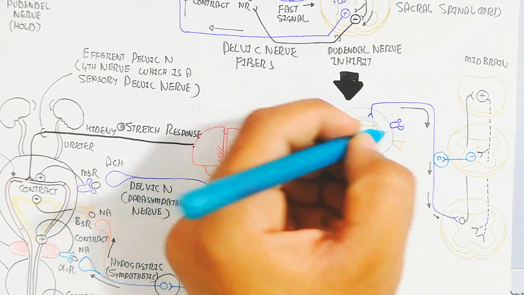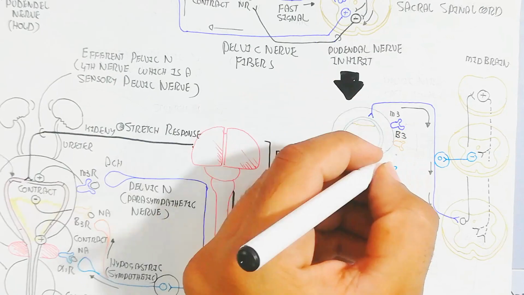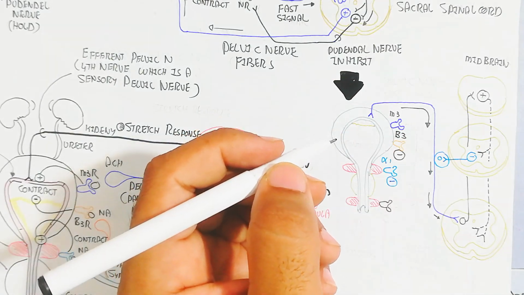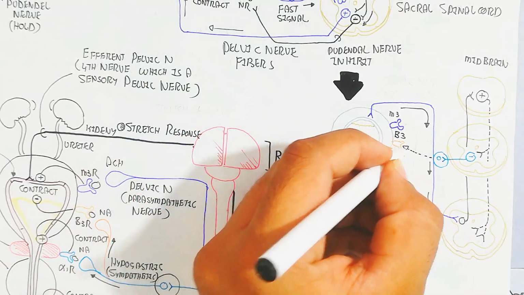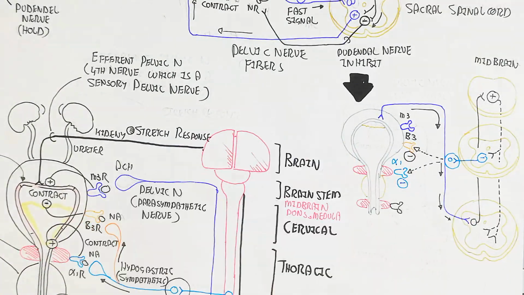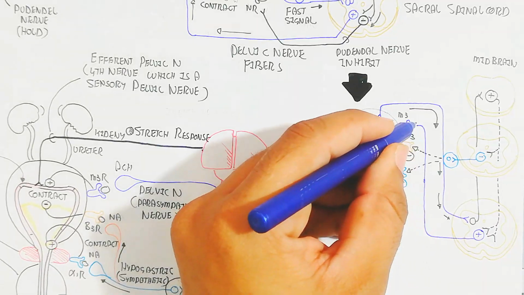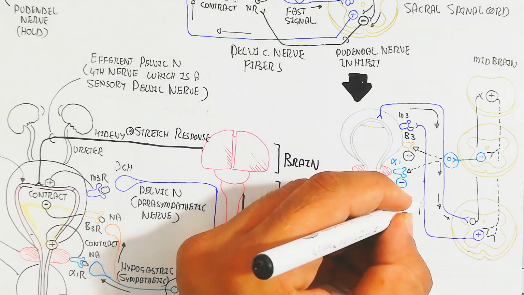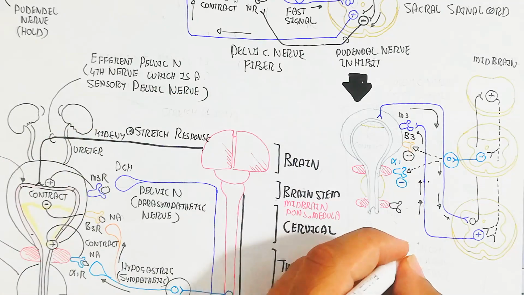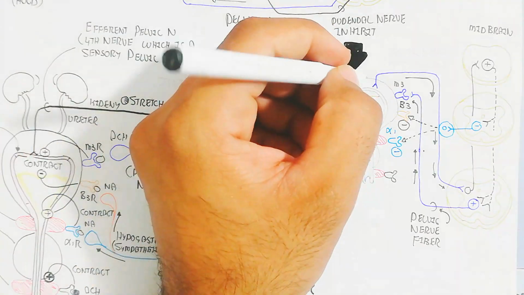The hypogastric nerves will also be inhibited, remember, so the alpha 1 and beta 3 receptors will not be triggered through the hypogastric nerves.